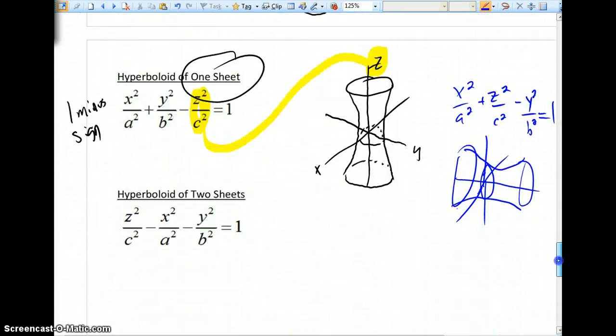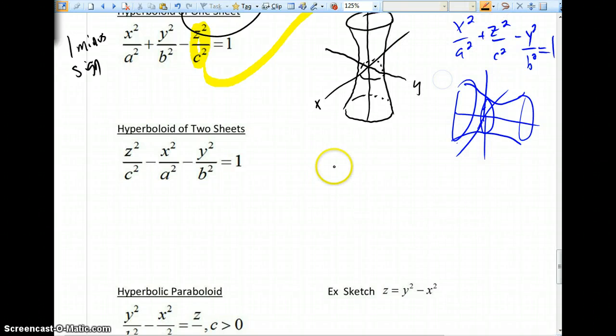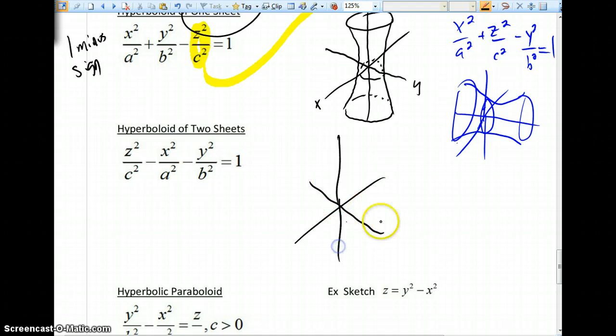All right, well, we're running a little short on time. With two minus signs, you can see really quickly we're actually going to get a hyperboloid of two sheets. You can think, well, what on earth would that look like? Well, it's going to look something like this.